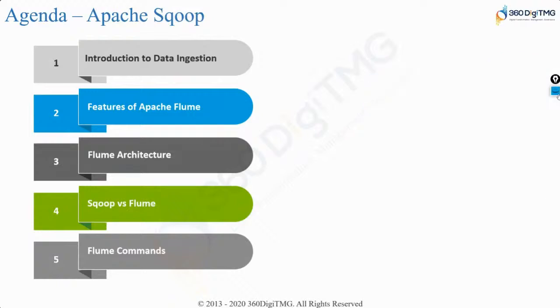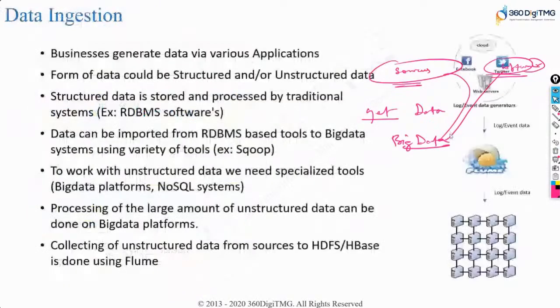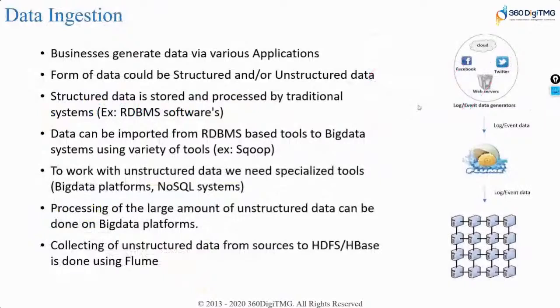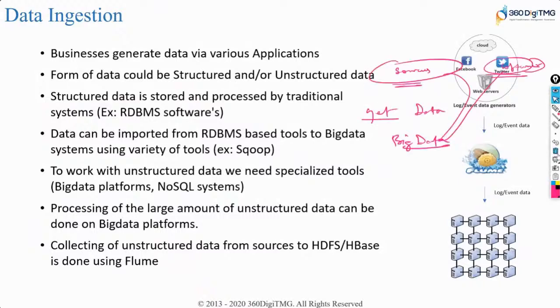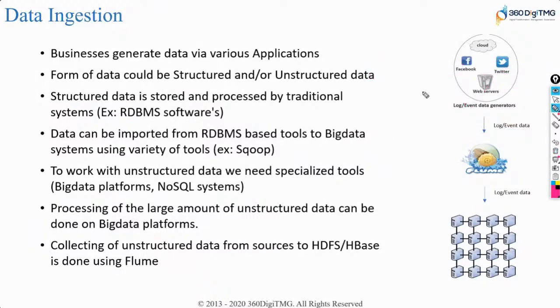Now, when we talk about data ingestion concepts, you need to understand that businesses are generating data and recording it into their specific systems. I was talking about one example, Amazon, which as an application, as a platform, allows people to do business.